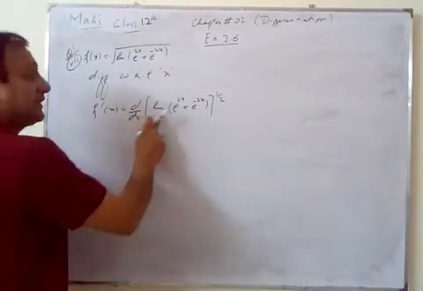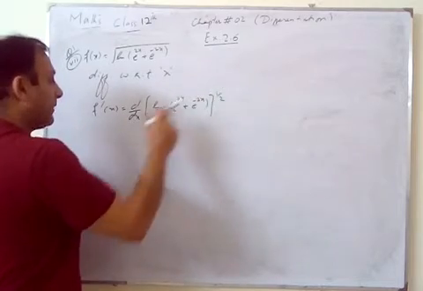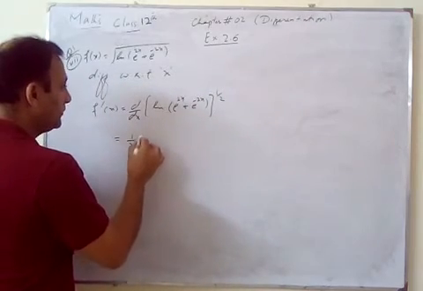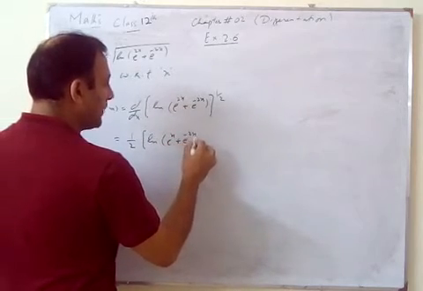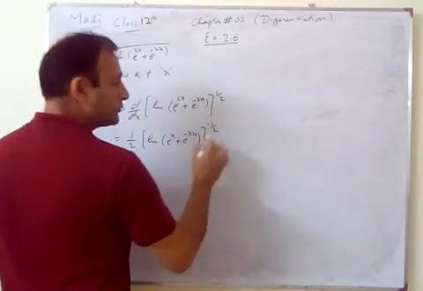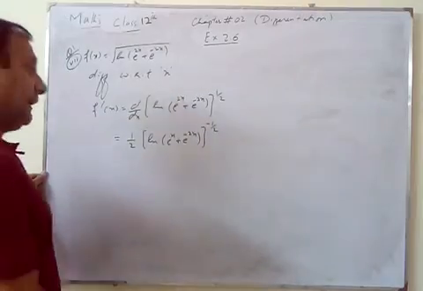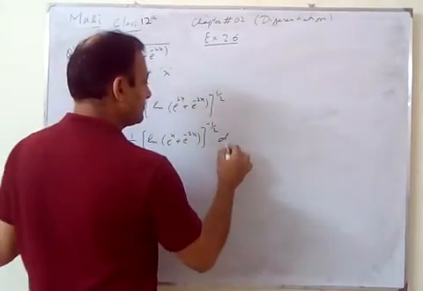So this is a whole power. First of all we differentiate the power. So 1 by 2 into (log(e^2x + e^-2x)) whole power minus 1 by 2 into the derivative of this.